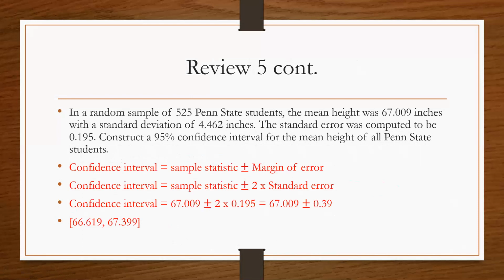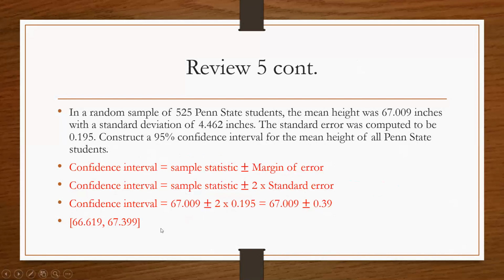All right, so when you're computing a confidence interval, you just gotta remember the equation: sample statistic plus or minus the margin of error. And you're just gonna break that down into, since it's a 95% confidence interval, a multiplier of 2 times the standard error, which was 0.195. So then, 67.009 plus or minus 2 times 0.195, or 67.009 plus or minus 0.39.